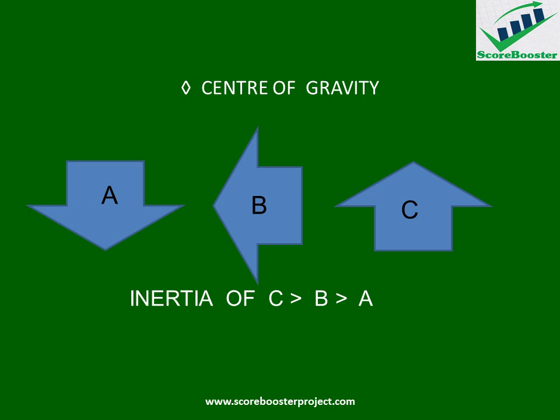So the inertia of the objects in descending order will be that the inertia of C is greater than B, while B is greater than A. That means the stability of C is greater than B, while B is greater than A. So we have the highest inertia in C, while the lowest is in A.